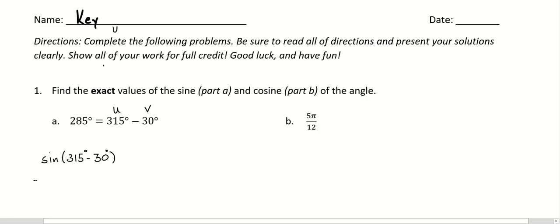So we're just going to expand this here, and I know that that is the sine of u times the cosine of v, which will be the sine of 315 degrees and the cosine of 30 degrees, minus, and minus because it's minus here, and that's how I remember it, the cosine of 315 degrees and the sine of 30 degrees.